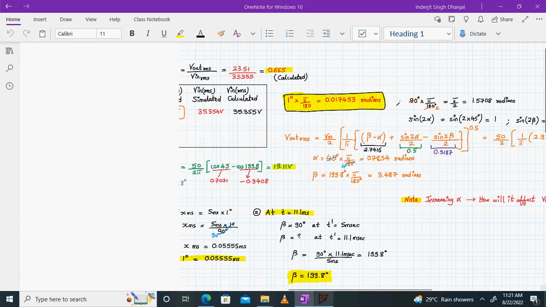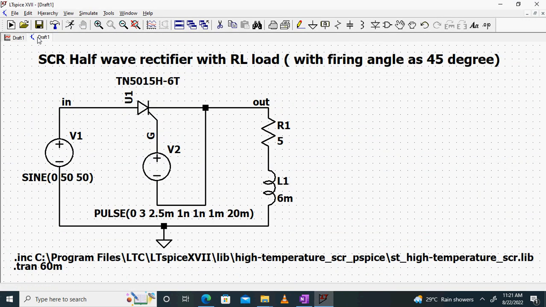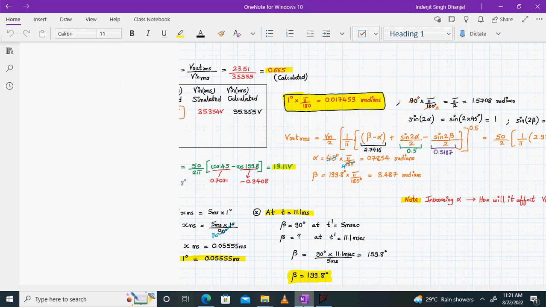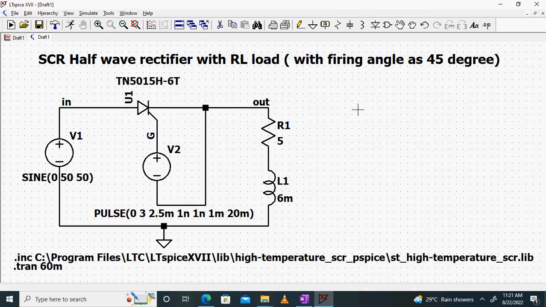Now the next thing is some concept that is something more than what I have explained in the experiment. This is about the freewheeling diode, right? So what do you mean by freewheeling diode? Basically, we place a diode in parallel with the load. That is the concept of a freewheeling diode.